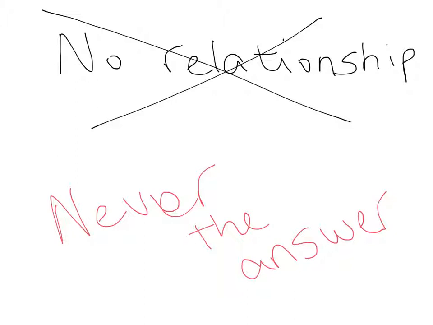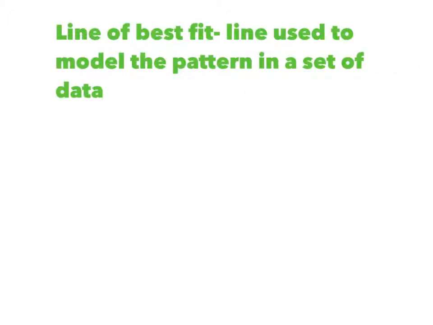Okay, so when we have a graph that has a positive or negative correlation, we can draw something that's called a line of best fit. The line of best fit is a line that's used to model the pattern in a set of data, okay? It's kind of the average.